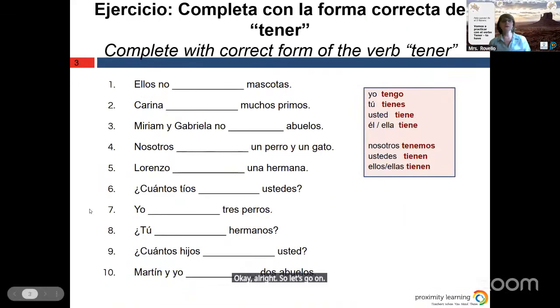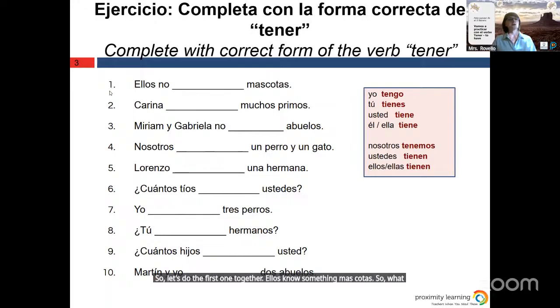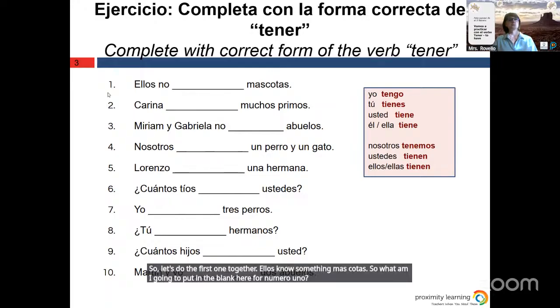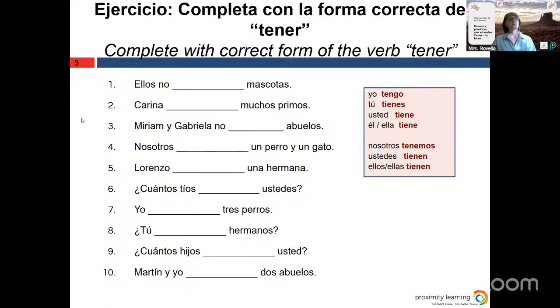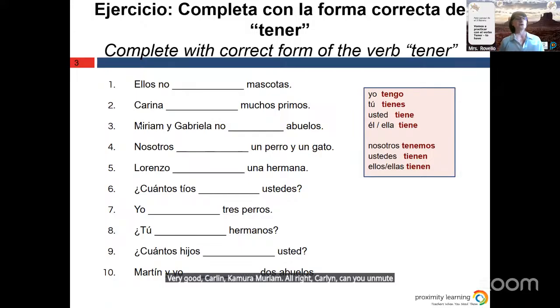All right. So let's practice. Let's do the first one together. Ellos no something mascotas. So what am I going to put in the blank here for número uno? Very good, Carlin. Kamura, muy bien. All right, Carlin, can you unmute, por favor, and read us número uno?